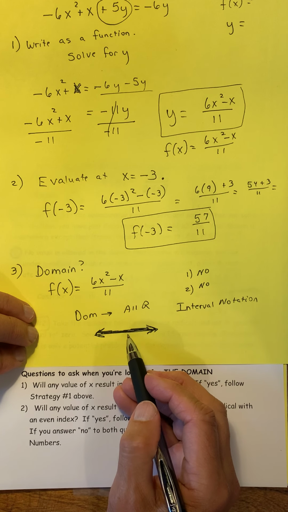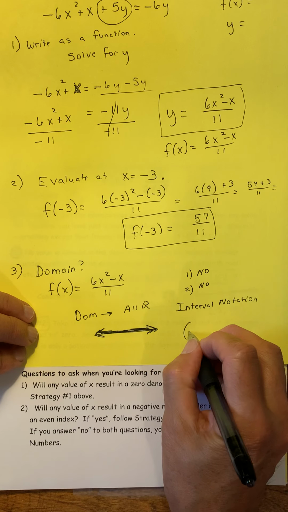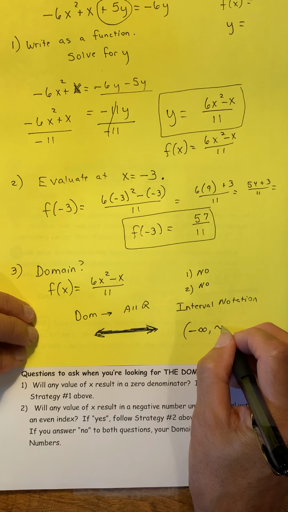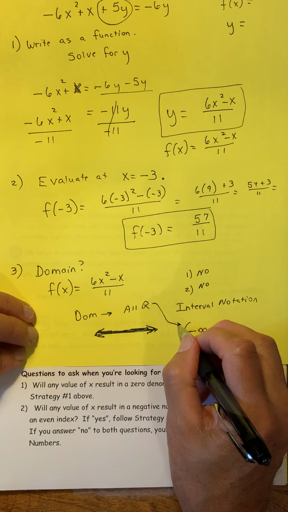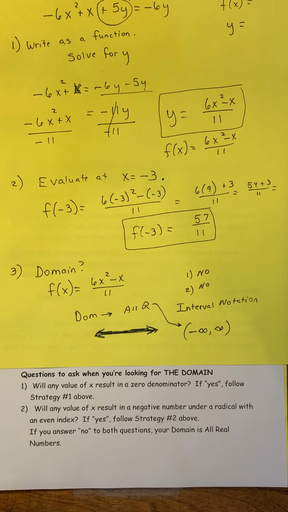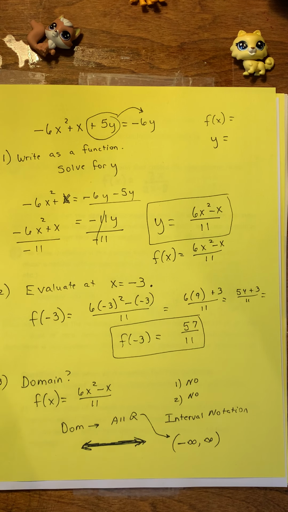How do you do this in interval? Well, it's everything from -infinity all the way to +infinity. This is how you say all real numbers in interval notation. All right, good luck on relations and functions.